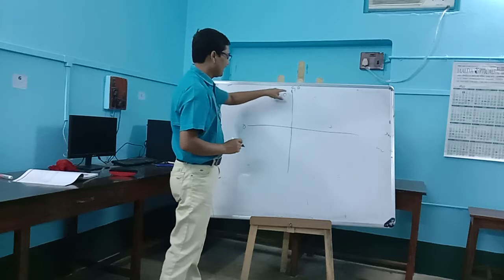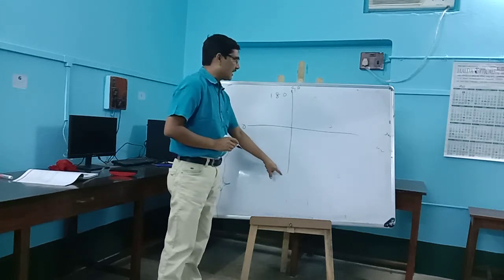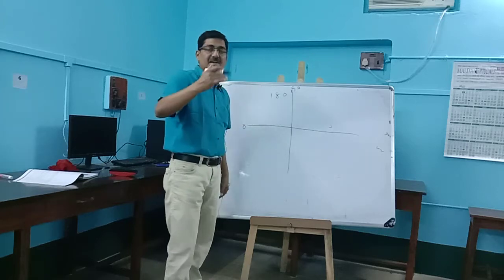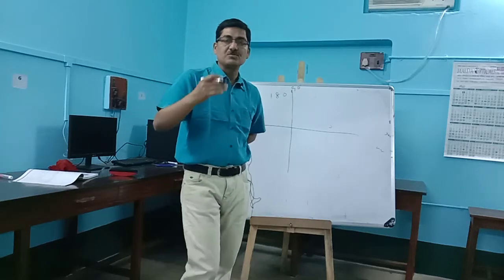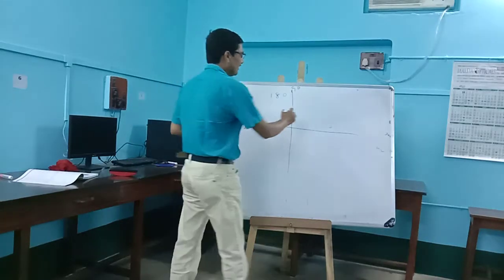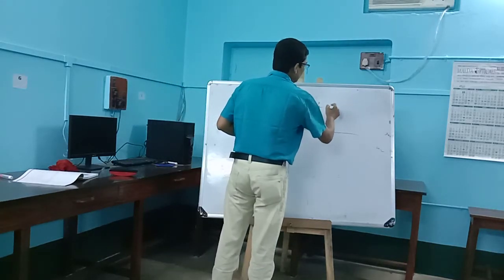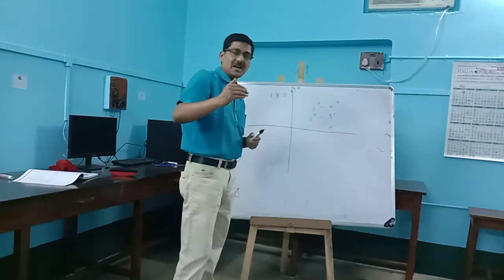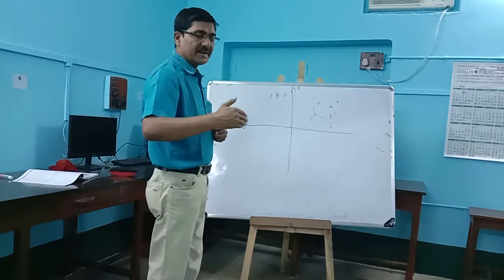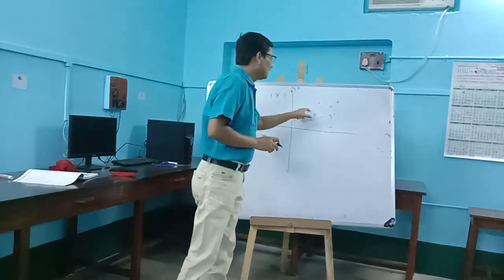So 0 to 90 and 0 to 90, and after every 1 degree there is 1 line of latitude. 1 degree to 2 degree, 2 degree to 3 degree. So every 1 degree interval we get a new latitude.